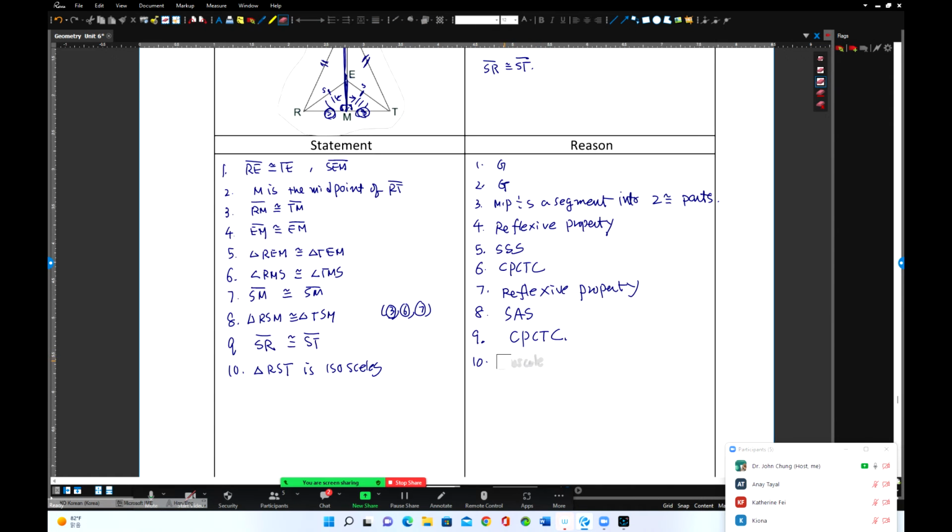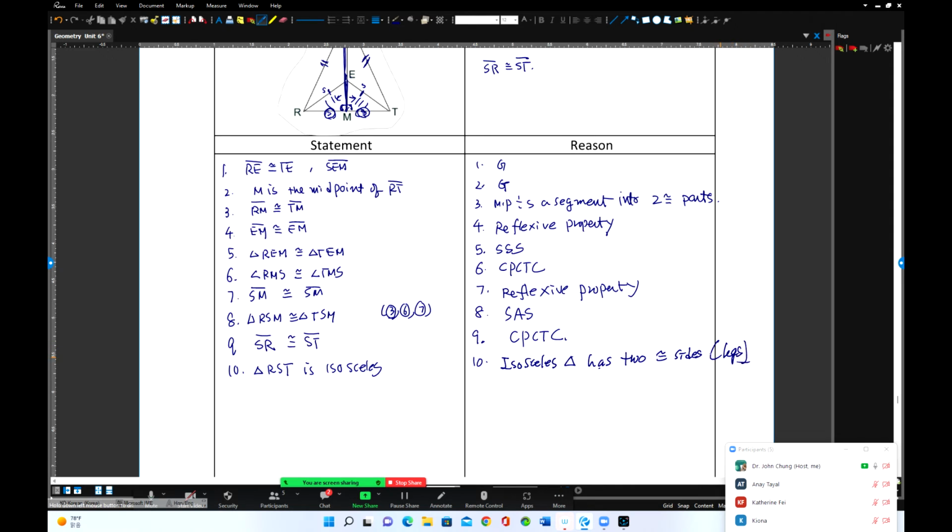Also in an isosceles triangle, I'm going to go formal, okay? An isosceles triangle has 2 congruent sides, or you can use the legs equal.